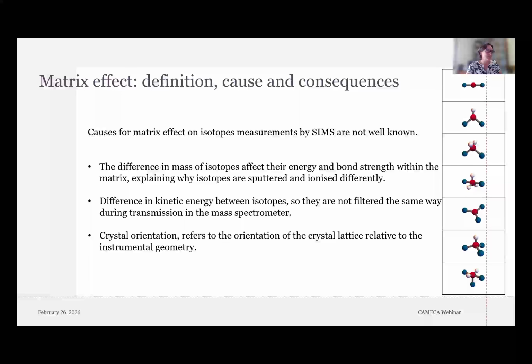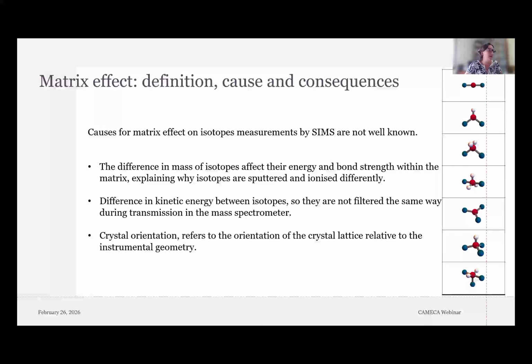The cause of this matrix effect on isotope measurements by SIMS is not well known. The difference in mass of isotopes can affect their energy and bond strengths within their matrix, which can explain why isotopes are sputtered and ionized differently.